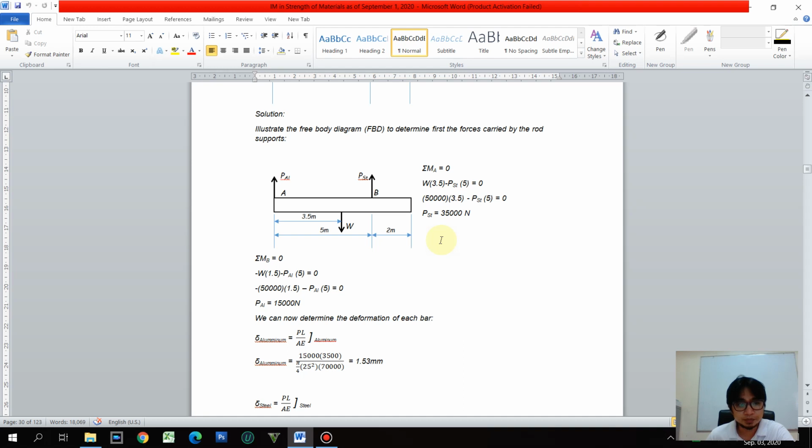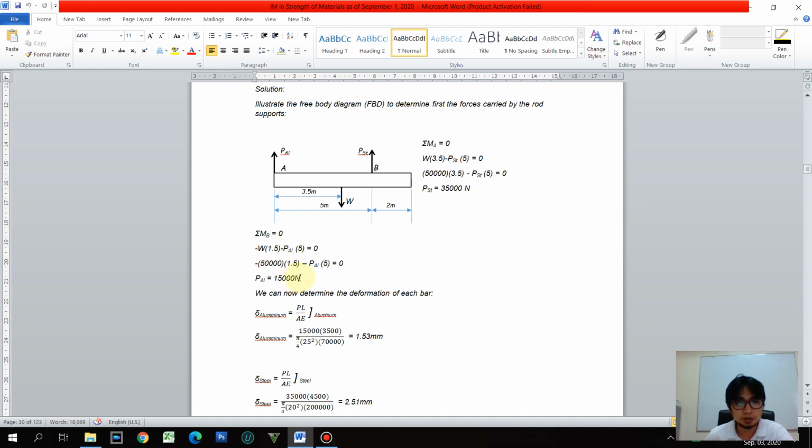Remember that we should ensure these forces by summation of forces vertical. If we perform the summation moments at A, we yield 35,000 Newton here. And for aluminum, we have 15,000.